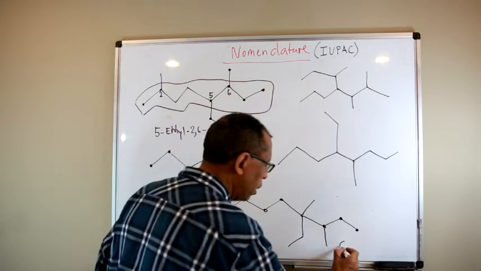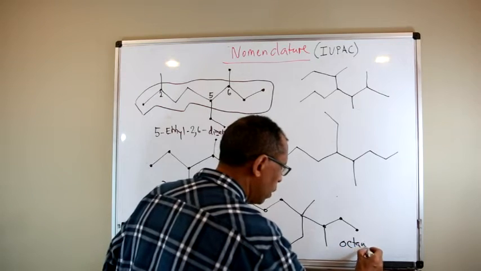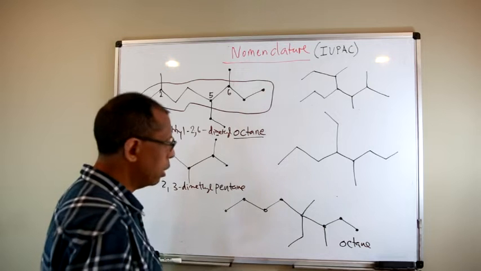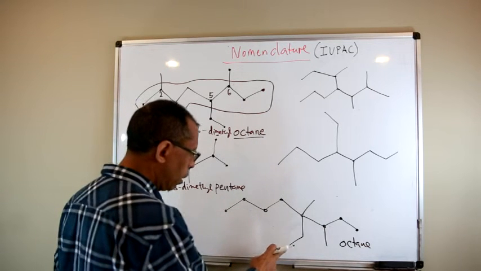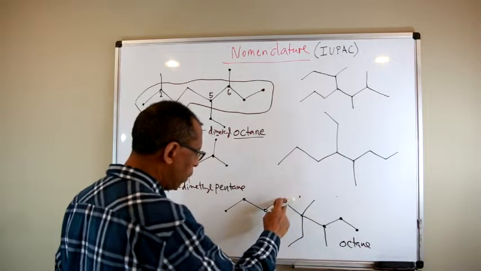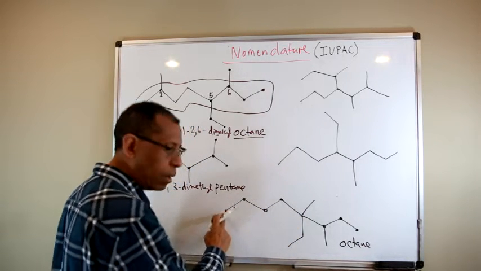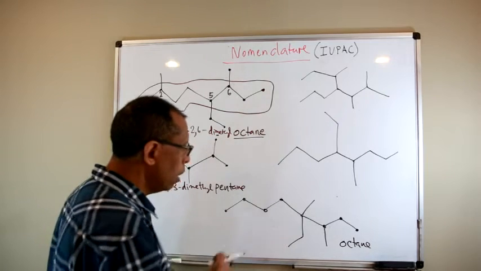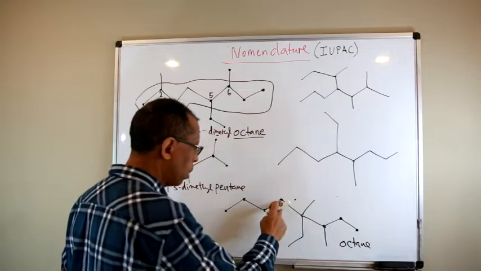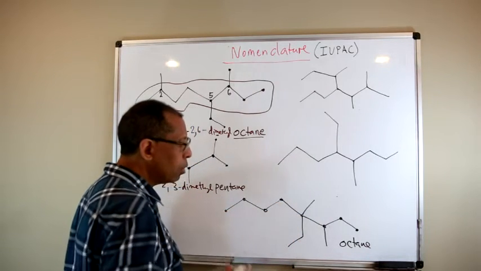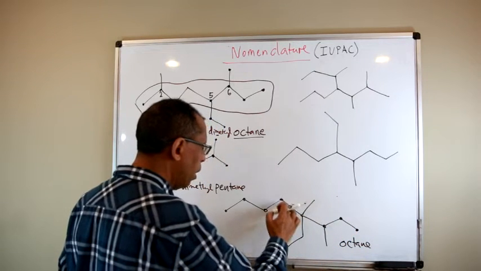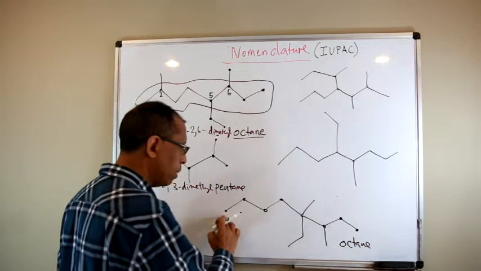Definitely it looks like that's the chain I would pick, because if I count from here, 1, 2, 3, 4, 5, 6, 7, that's heptane. If I count from here, obviously it is shorter, 1, 2, 3, 4, 5, 6. So the count should start from here, 1, 2, 3, 4, 5, 6, 7, 8.